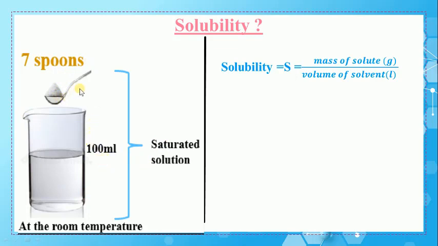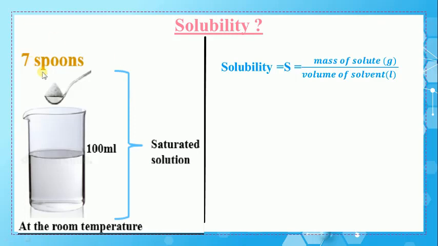What is the maximum amount of salt which can be dissolved in 100 milliliter? Very good. It is 7 spoons. At which temperature are the 7 spoons dissolved? Very good. At the room temperature. So, the maximum amount of salt dissolved in 100 milliliter at room temperature is 7 spoons.